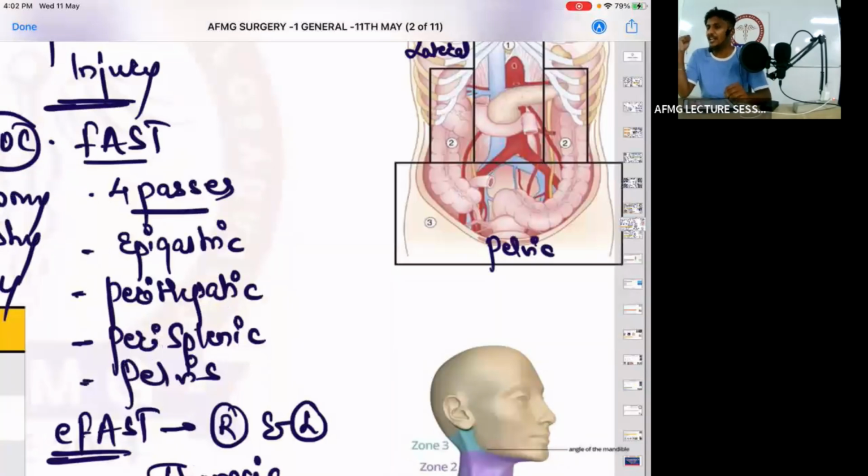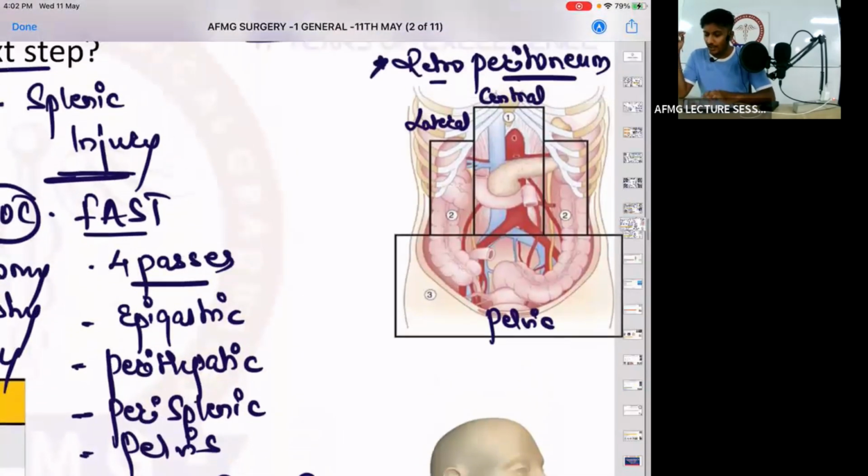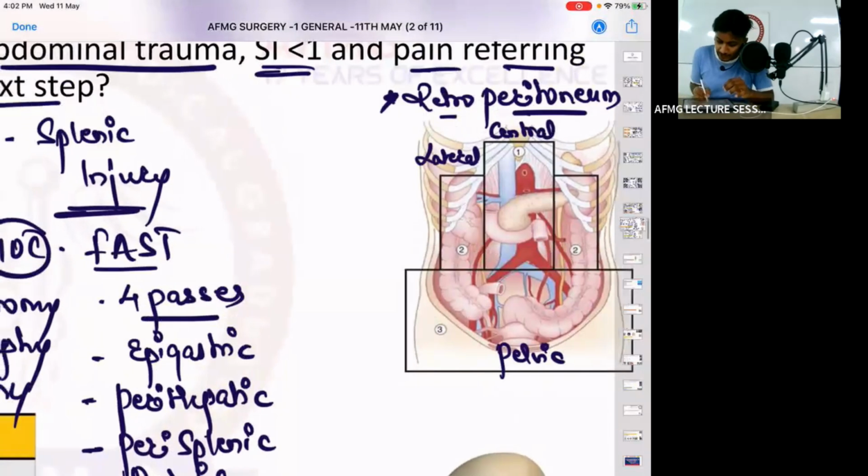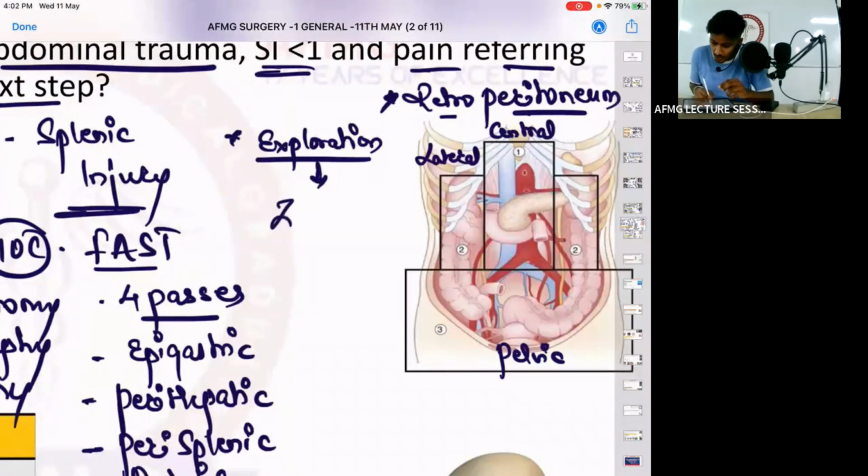The question was, if a patient sustains an abdominal trauma, which zone needs exploration always and always? Zone 1, because it contains major blood vessels like the aorta and inferior vena cava. So always and always exploration would be required for zone 1.